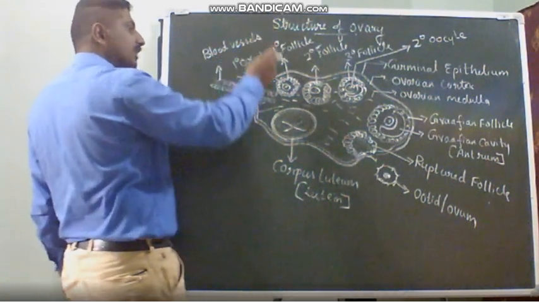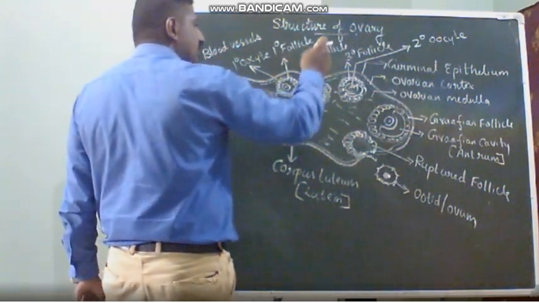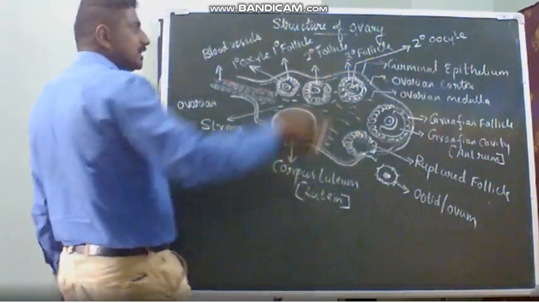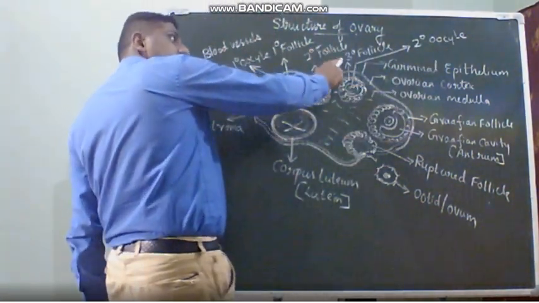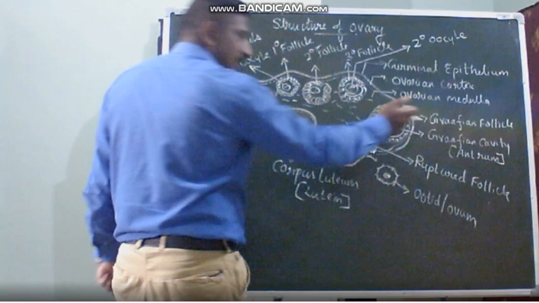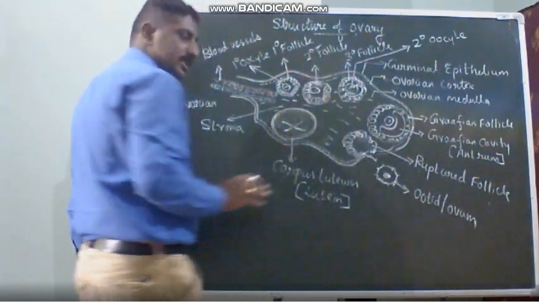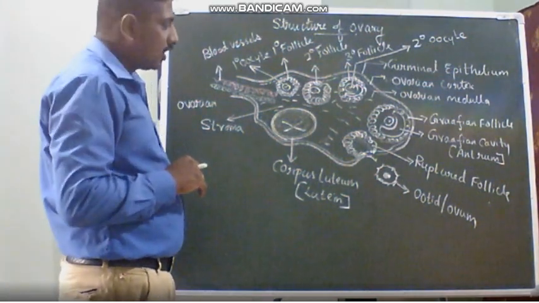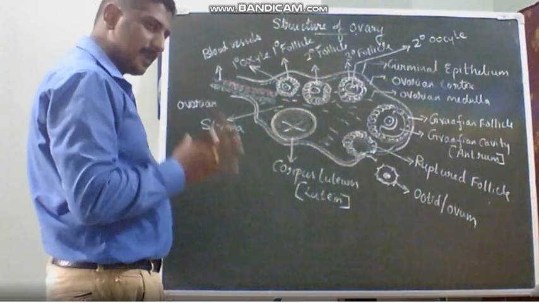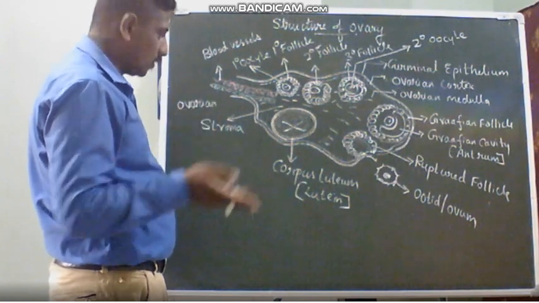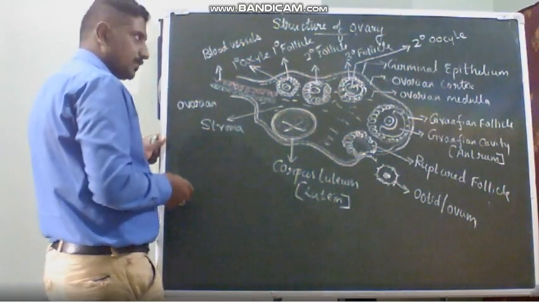The primary follicle encloses the primary oocyte, the secondary follicle encloses the primary oocyte again, the tertiary follicle encloses the secondary oocyte, and the Graafian follicle has the ootid or the ovum. They rupture and release the ovum, but commonly we call it ootid. Ovum and ootid have some differences, just as we have spermatid and spermatozoa, we have ootid and ova. And the ruptured Graafian follicle transforms to a corpus luteum.